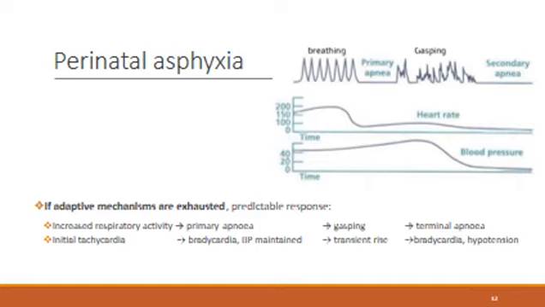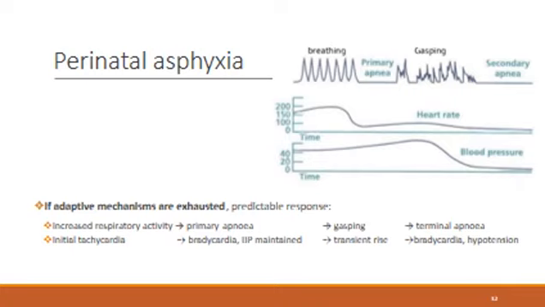This will then progress to gasping respiration, after which, if the condition did not improve in utero, terminal apnea will follow. Similarly, changes in the cardiovascular system include initial tachycardia that you can see on the CTG. This will progress to bradycardia.